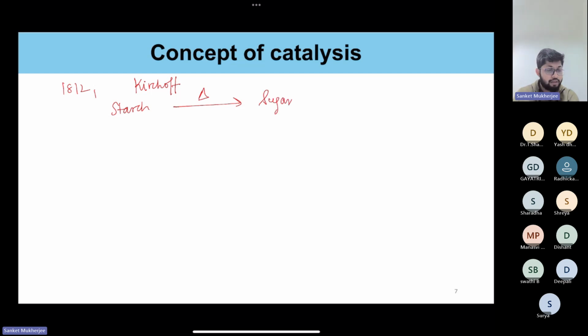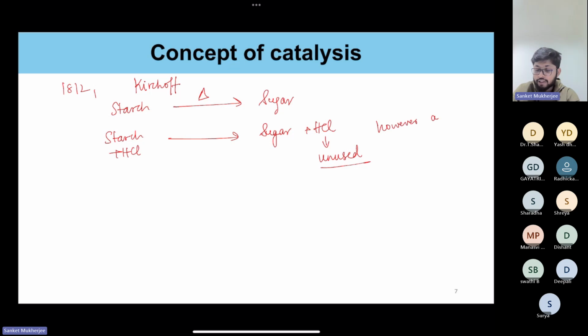And he figured out that if you just add a little bit of HCl, this process happens faster, with a requirement of less energy. The HCl is not used as a substrate in the reaction. It is not used up. It just remains unused, but it aids the reaction basically.